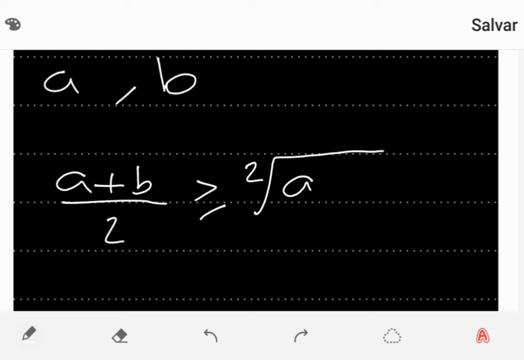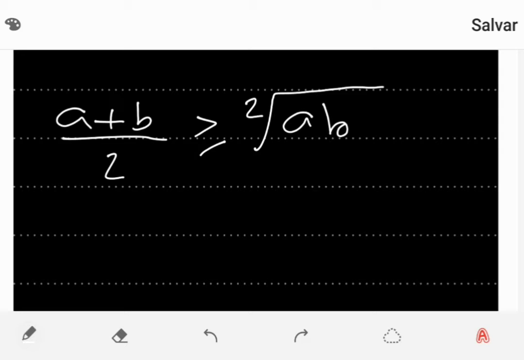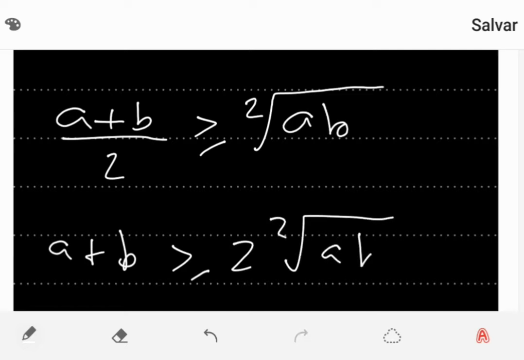But if you want to prove this, let's prove it in two ways. So A plus B is bigger or equal, this 2 will go to the other side multiplying, 2 multiplied by the square root of AB, right?